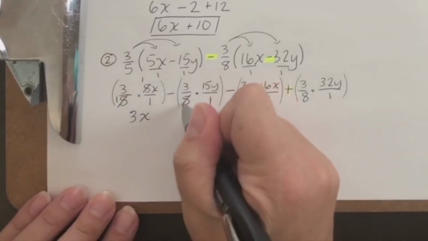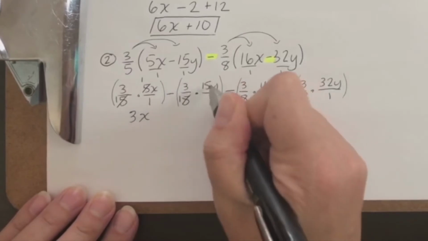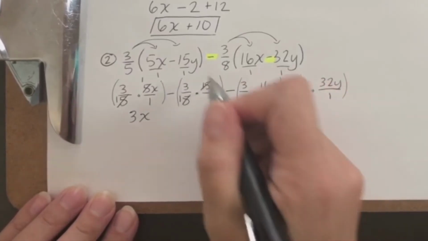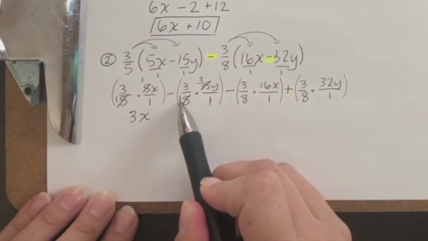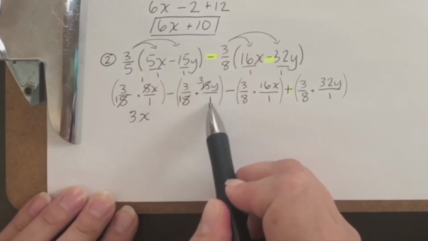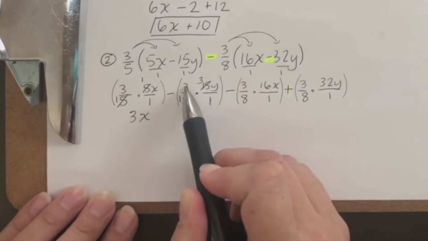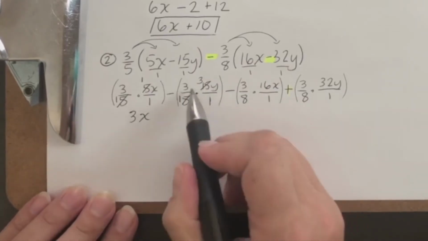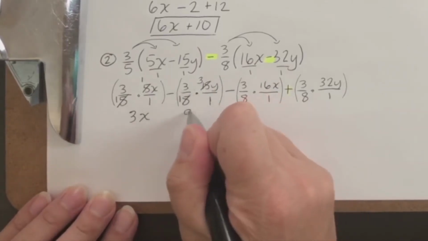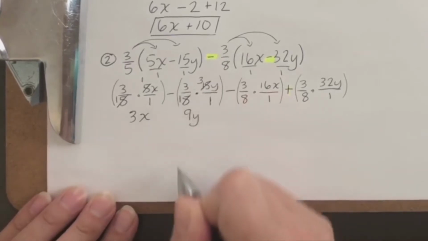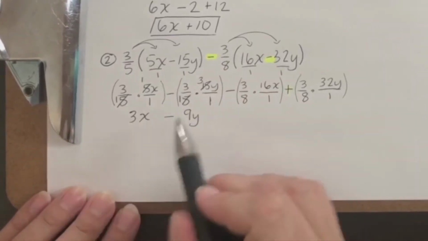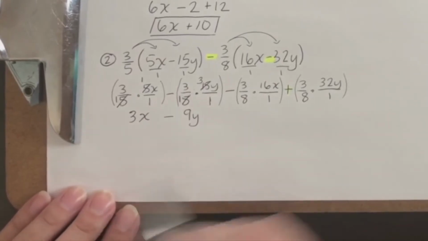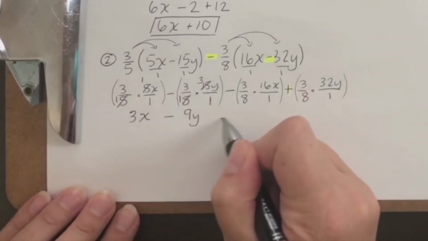Here, the 5 is going to cancel and become a 1, and the 15 divided by 5 leaves me with 3. So this is 3 over 1 times 3y over 1. So 3 times 3y, 3 times 3 is 9y. And then I need to bring down this negative sign.